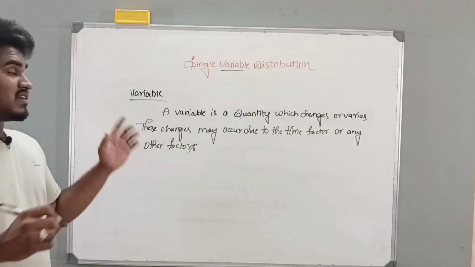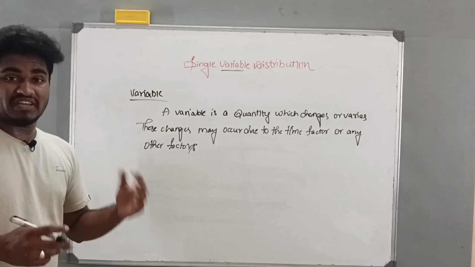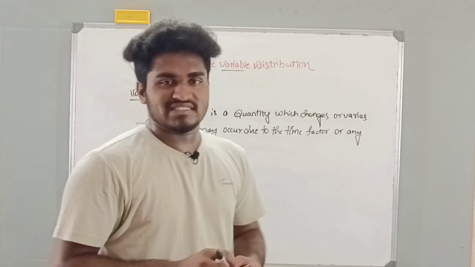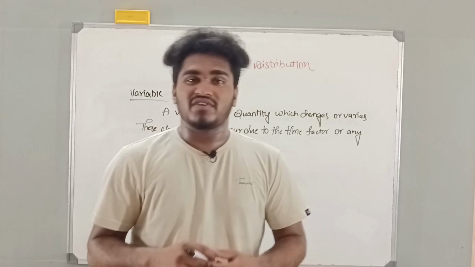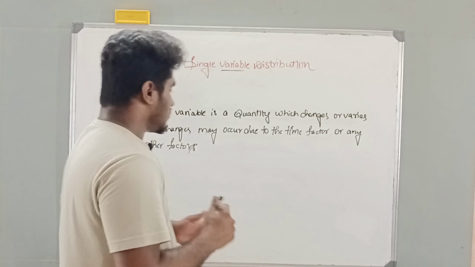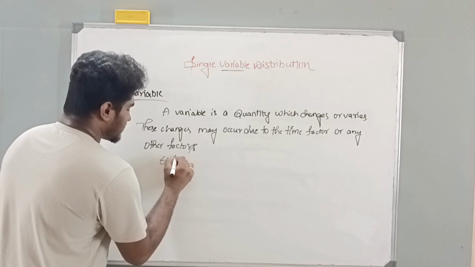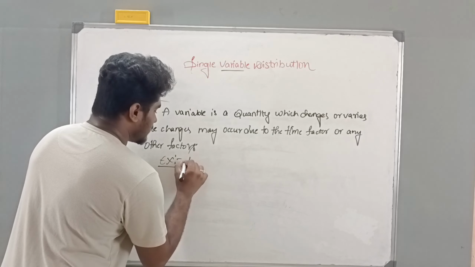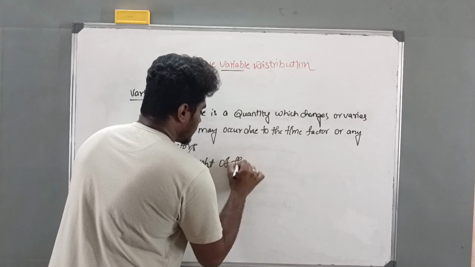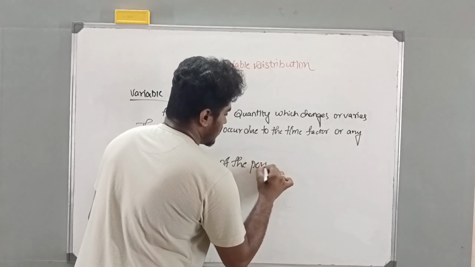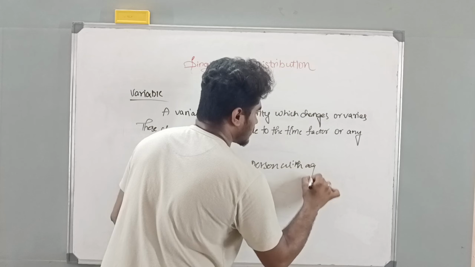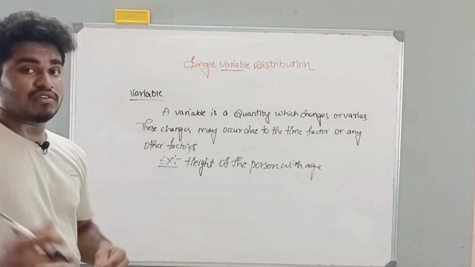Some examples of these variables: you might have observed that our height changes with our age, right? In the same way, weight. So height of the person with age is one example, and weight also varies, right?